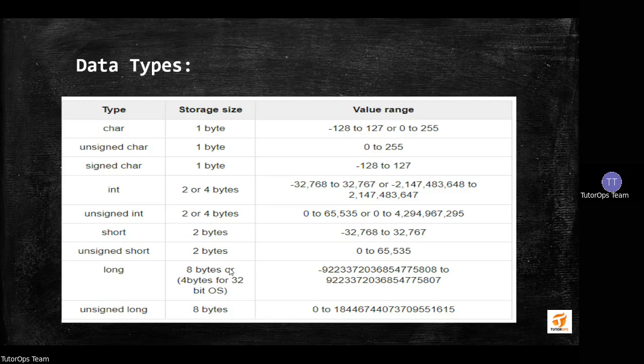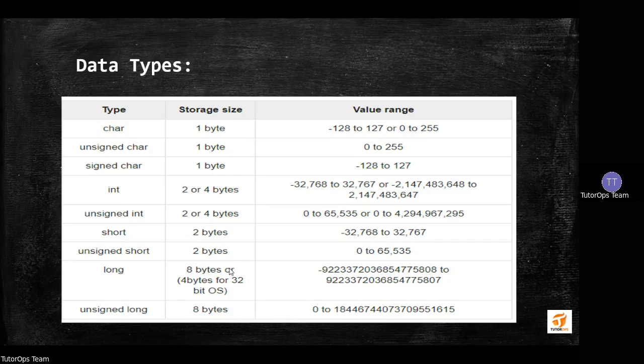For integer, some compilers give you 2 bytes, some compilers give 4 bytes, and the value range will be minus 32,768 to 32,767, or minus 2147483648 to 2147483647. Same for unsigned integer.